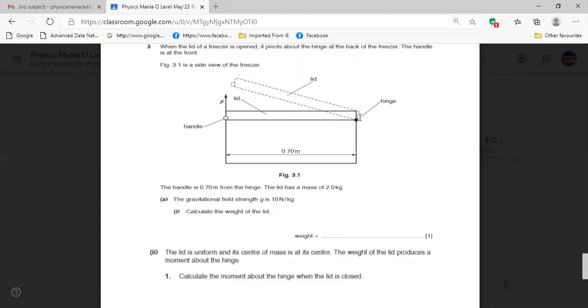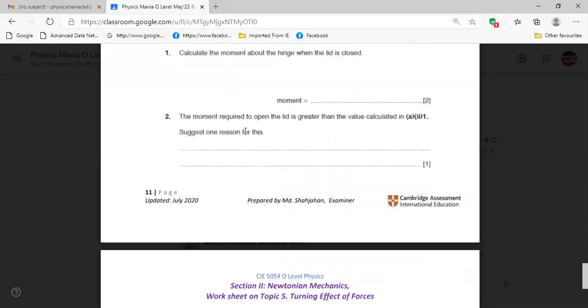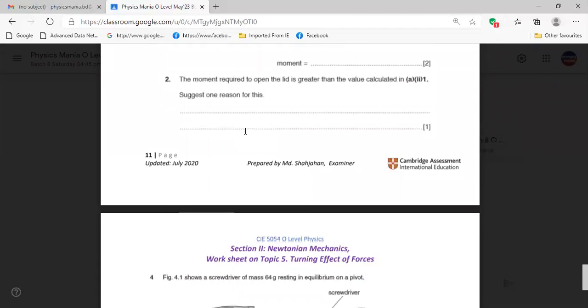The hinge might not be that smooth, so there might be some loss of energy due to heat, and that's why we require more force. Is it clear? Due to friction. So that could be one reason.